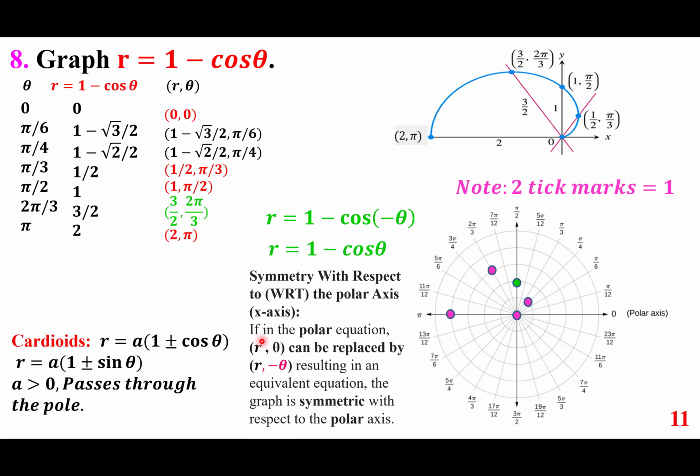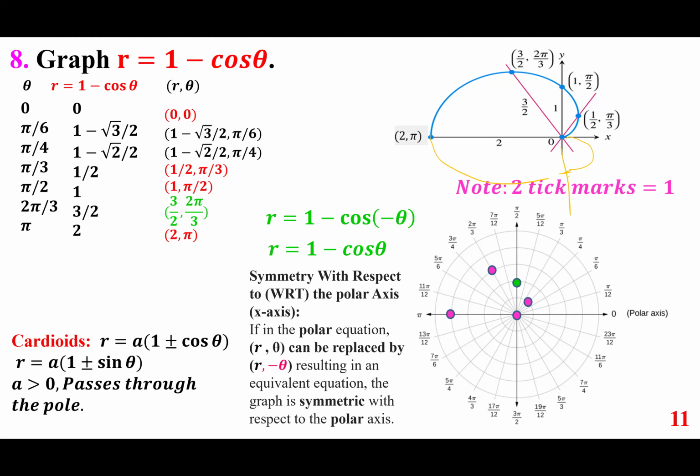If you recall, if in the polar equation r comma theta can be replaced by r comma negative theta, resulting in an equivalent equation, the graph is symmetric with respect to the polar axis. So in essence, by symmetry, I should get something like this.